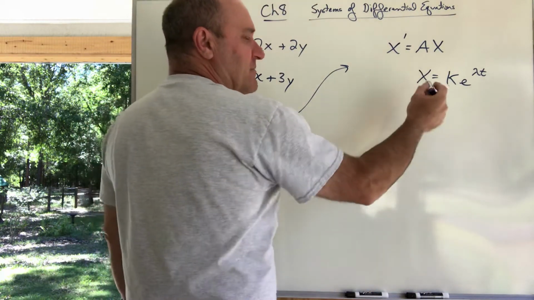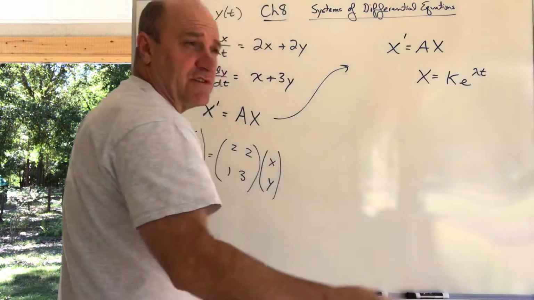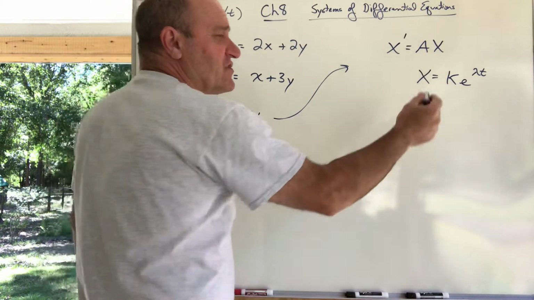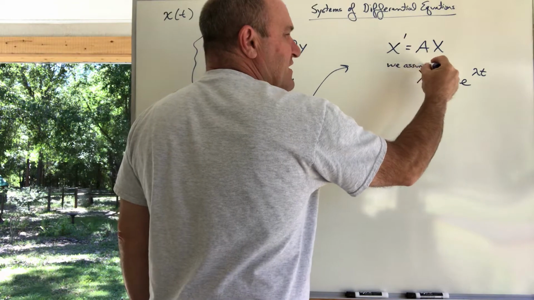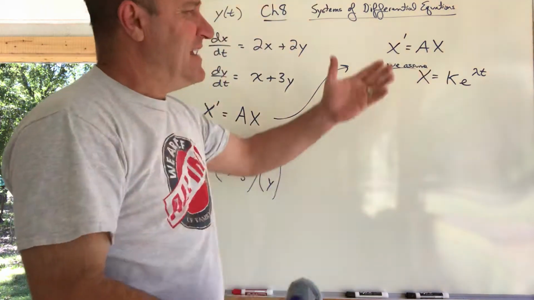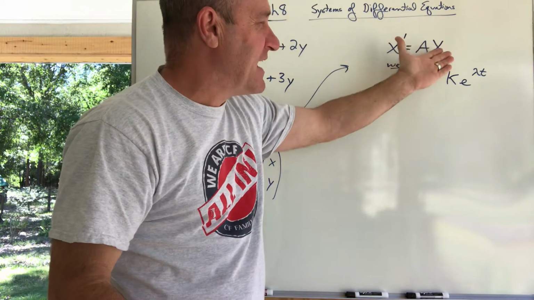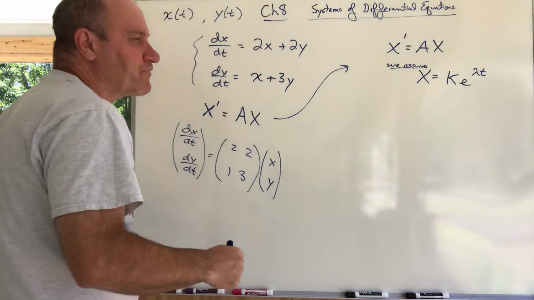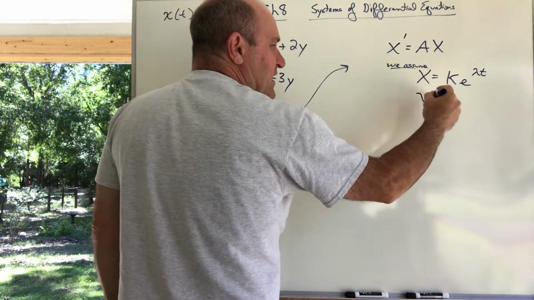So this is our assumption. Again, the capital letters are the matrices. e to the lambda t is just a function. So we assume that this is the solution, based on some previous knowledge, based on the fact that it's X prime equals a constant matrix A times X. We think it's got this e function involved. So if that is the solution X, then we can plug it in.